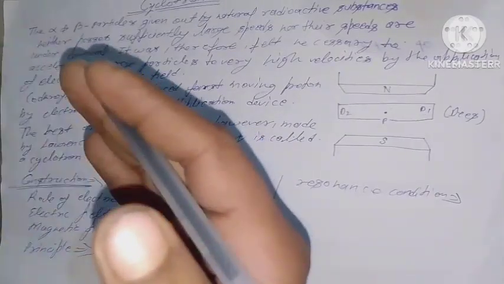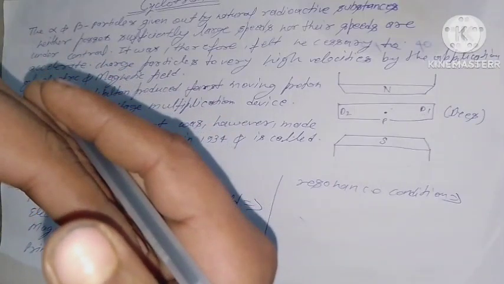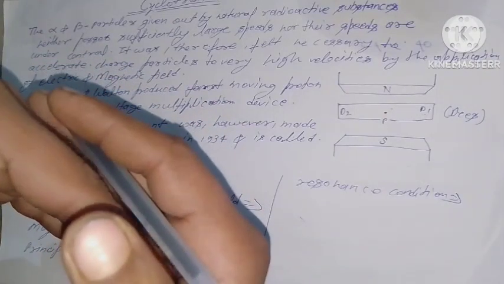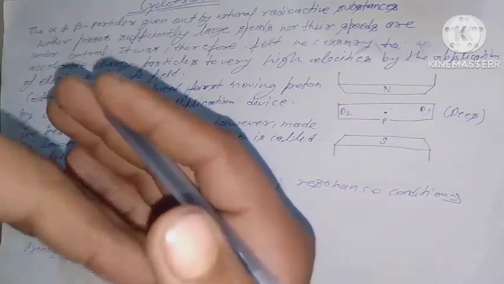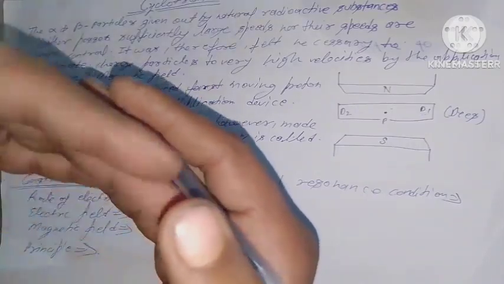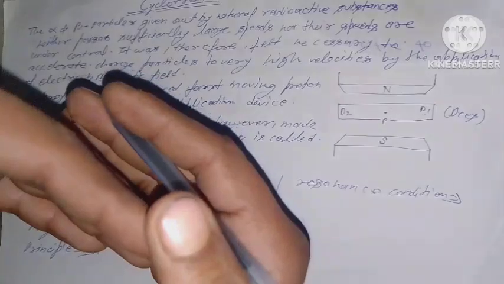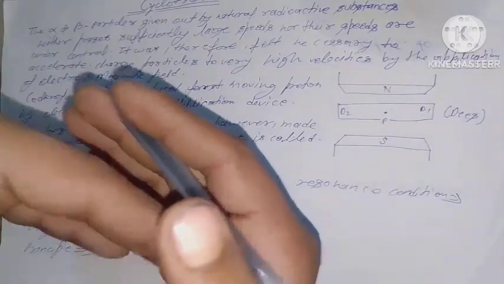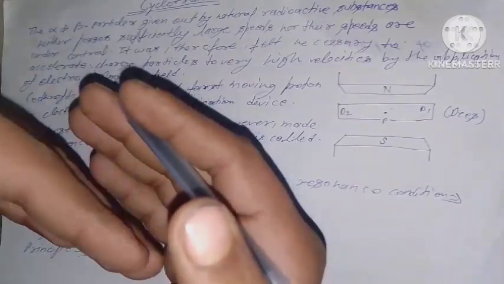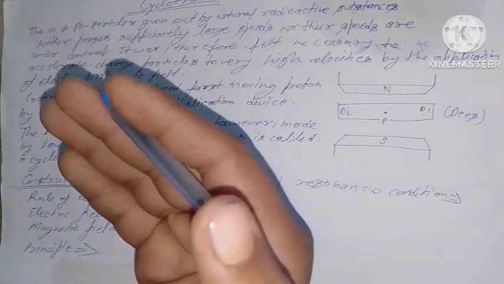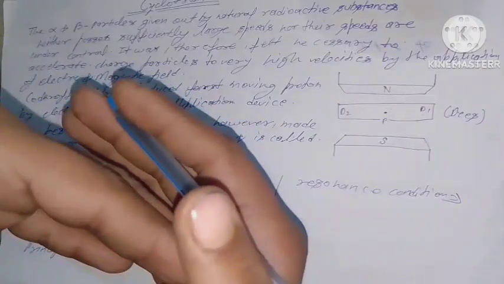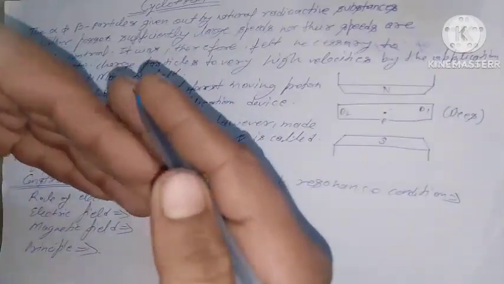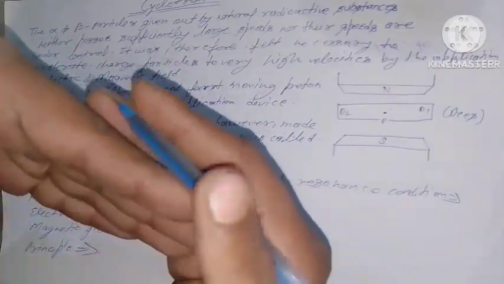The magnetic field strength depends upon the frequency of the oscillating electric field applied between the dees. It is so chosen as to give resonance between the arrival of the charged particles in the gap and the reversal of the voltage between the dees.